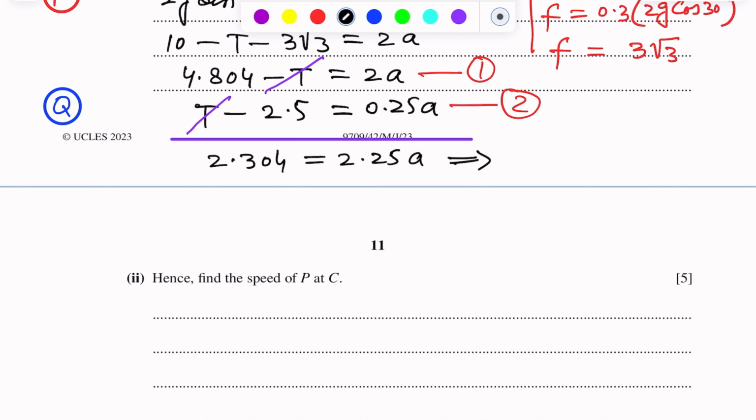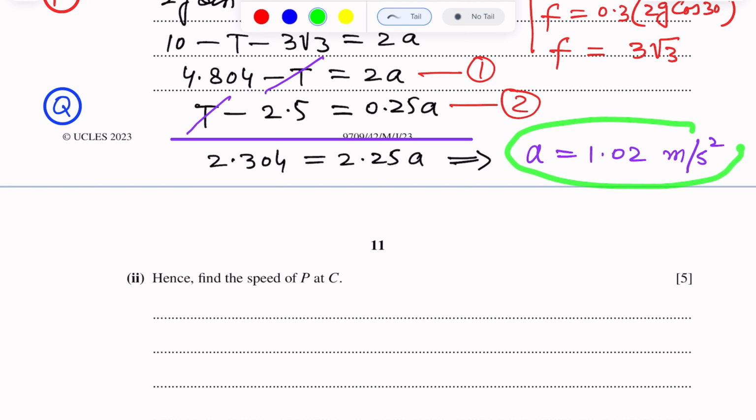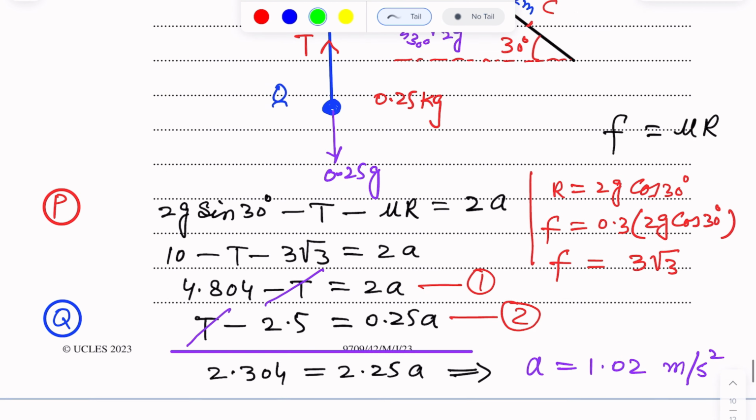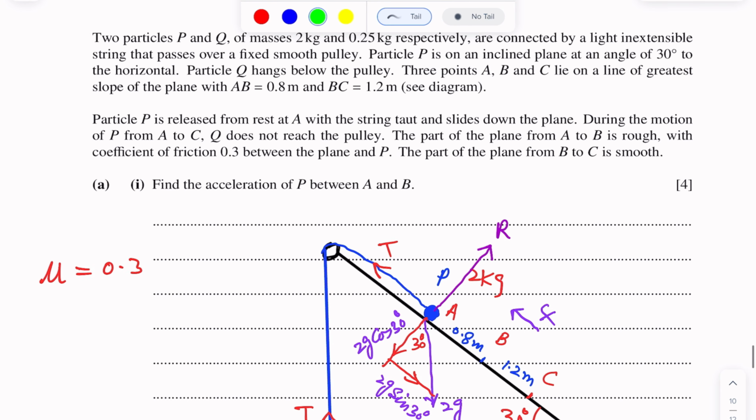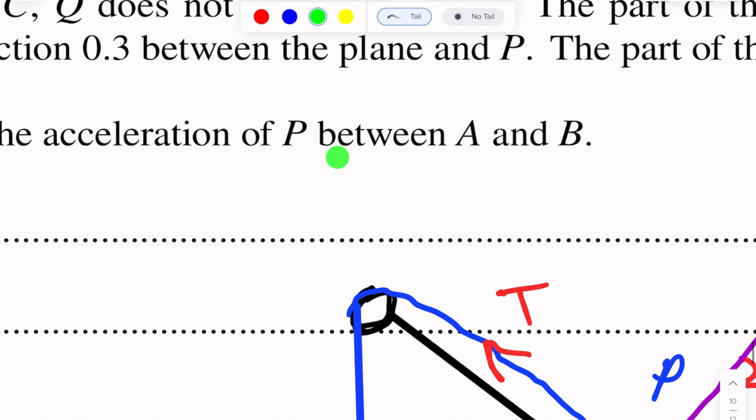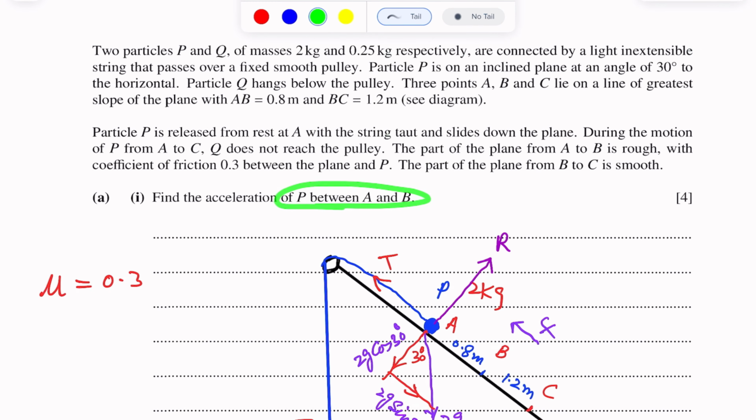From here we can get the value of a. a will be 2.304 divided by 2.25. We finally get the value of a equal to 1.02 meter per second square. This is the value of the acceleration of particle P between A and B.